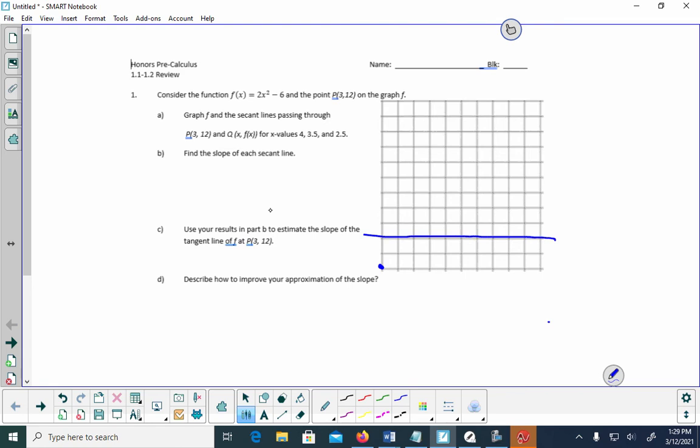If I put in 1, that'd be -4. If I put in 2, that's 2 times 4 is 8, minus 6 is 2.